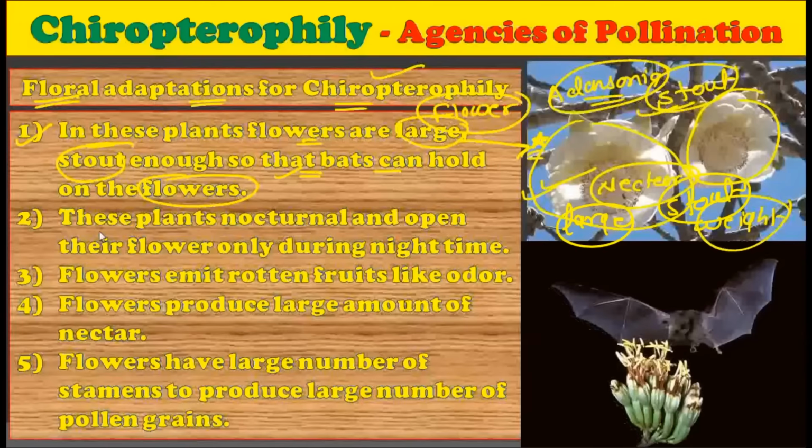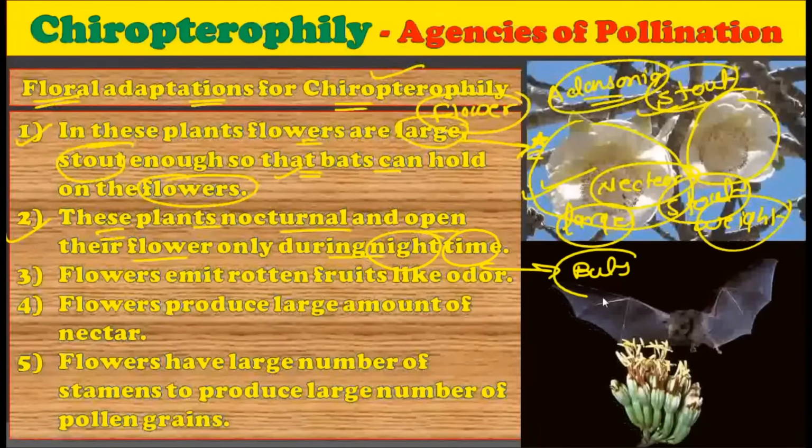All right. So the second adaptation they have is that these plants are nocturnal and open their flowers only during the night time. Now this makes very much sense because bats are also nocturnal. Now what is meant by nocturnal? Nocturnal literally means those organisms which are only active at night. That is, these are plants or animals which remain active at night.